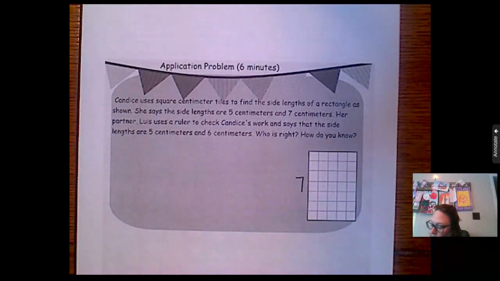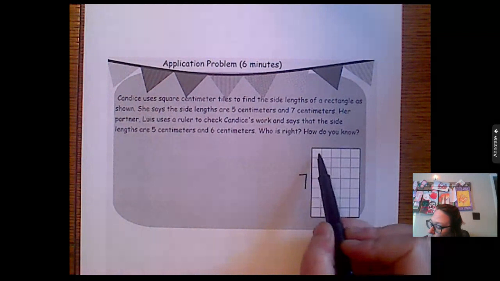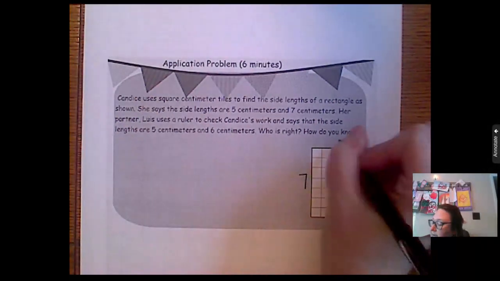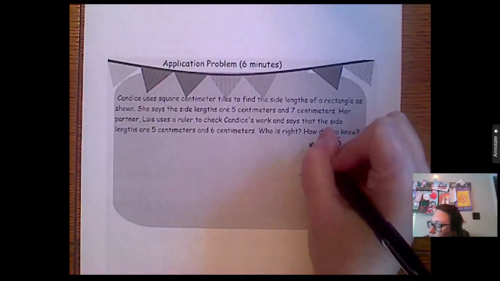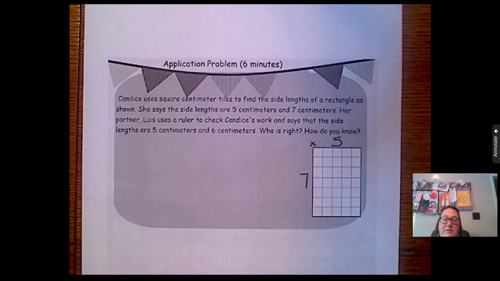All right. And the top, we have 1, 2, 3, 4, 5 in each row. So there are 7 rows of 5. So Candace said the side lengths are 5 and 7. Louise said 5 and 6. Who's right? Candace is right, because the side lengths are 7 and 5.